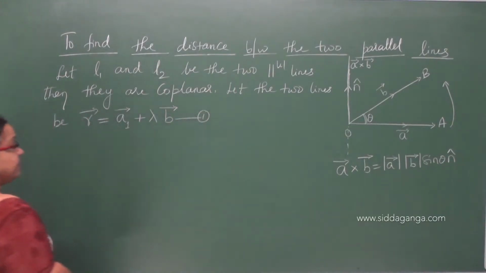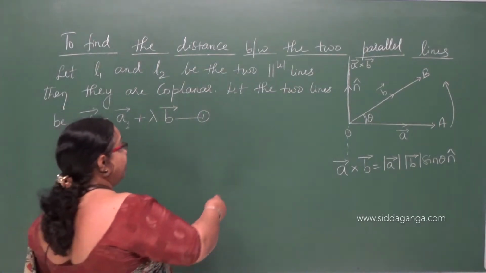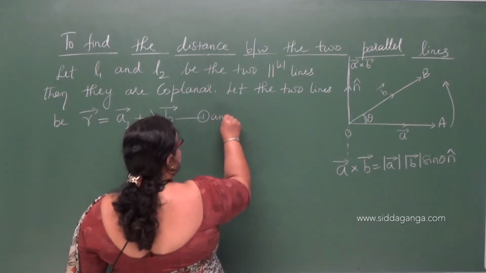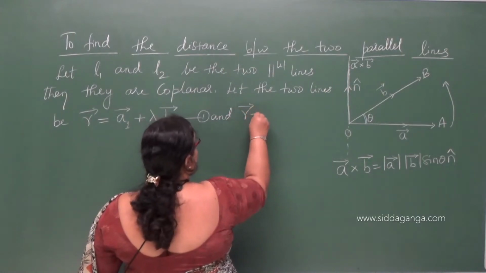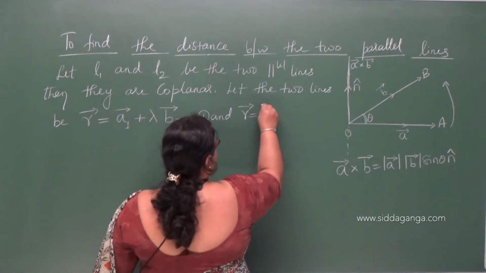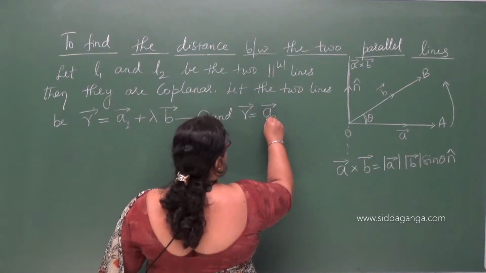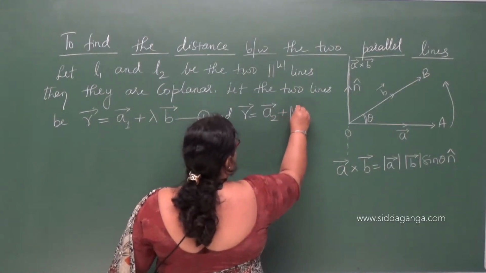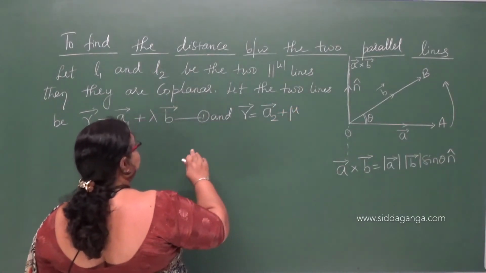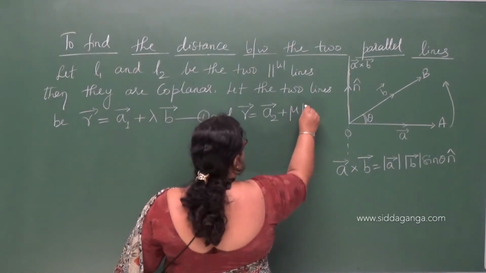You take this as equation 1, and you take the second line as vector r equal to a2 plus mu times vector b, it passes through the point whose position vector is a2.